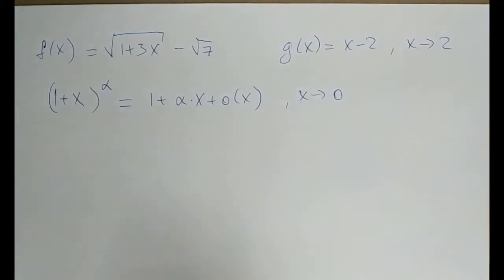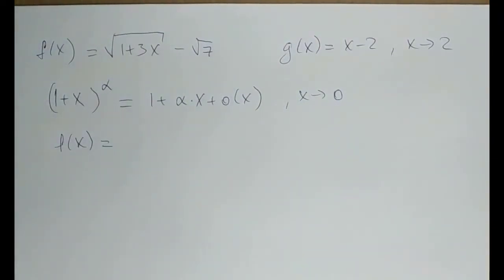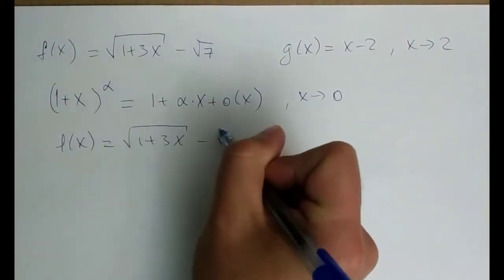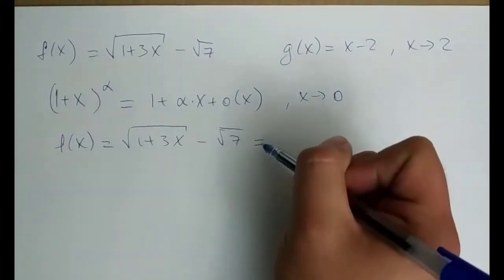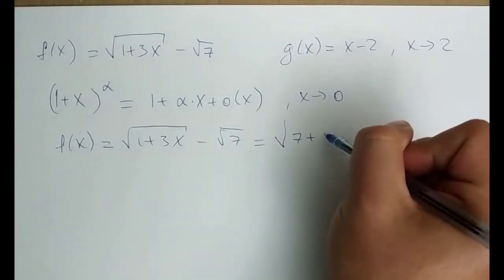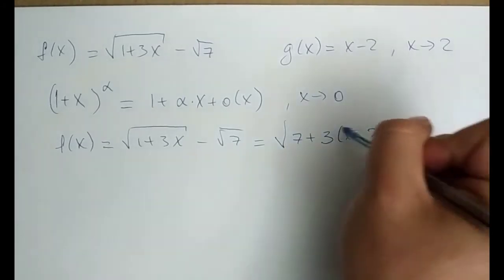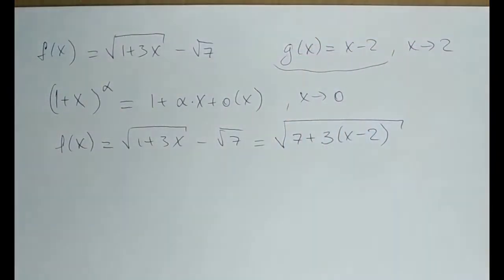So let's rewrite f of x. F of x is square root of 1 plus 3x minus square root of 7, and we can write this first square root as 7 plus 3x minus 2. We need to find with respect to our g of x, and we should provide g.